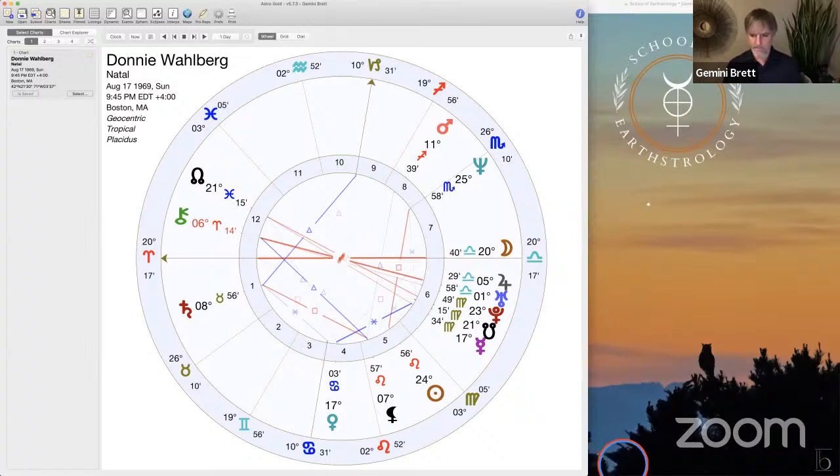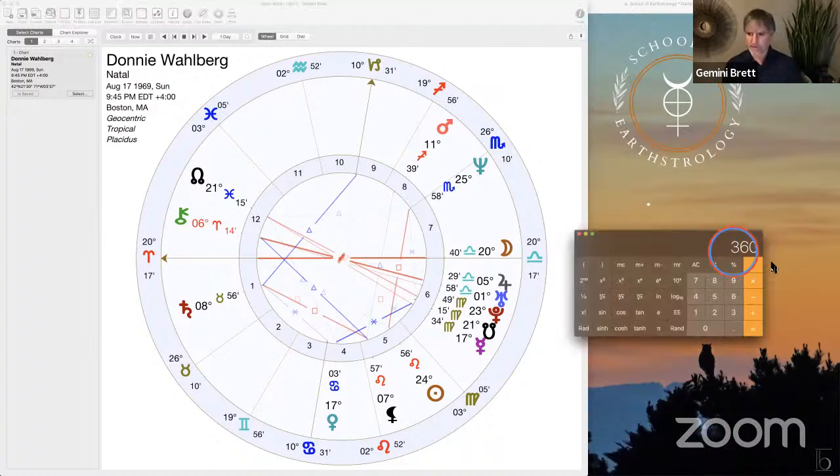I'm just going to divide a circle's 360 degrees by that. 360 over 93 and a quarter, which is the distance from the ruler of the 7th to the 7th. And we get 3.86. 0.88 is a 9 because 0.11 is 1/9.